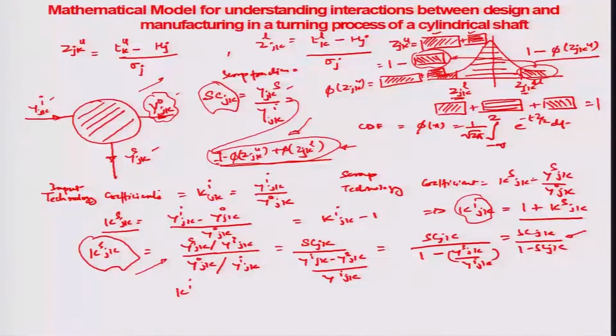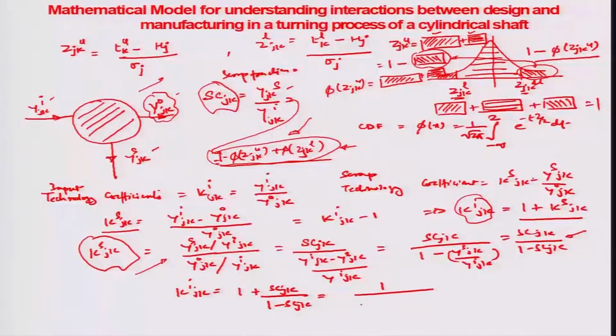So, in this event k I j k is also represented as 1 plus k s j k. So, it is 1 plus S c j k by 1 minus S c j k.